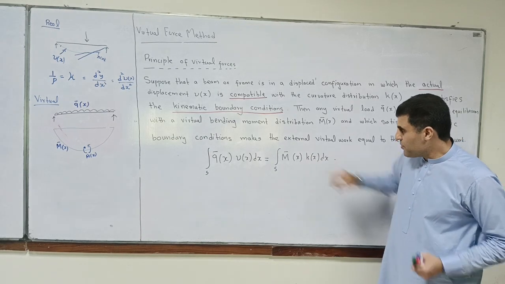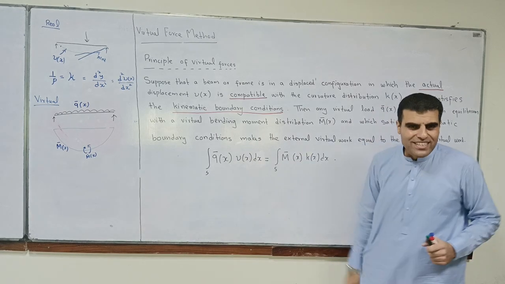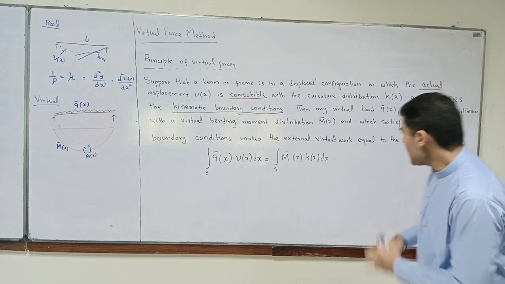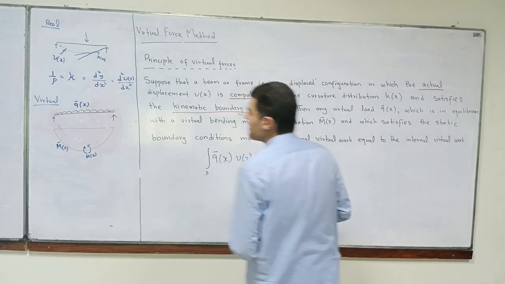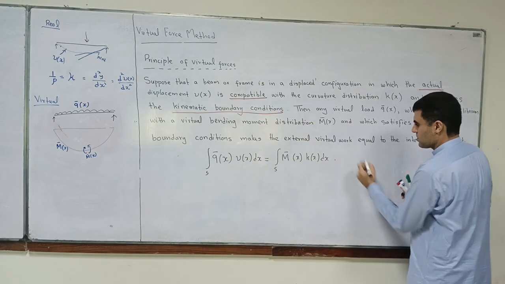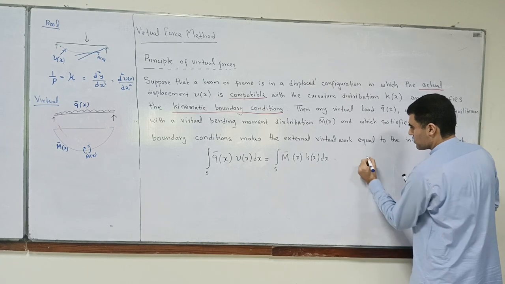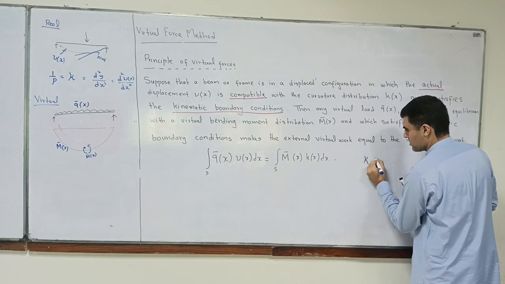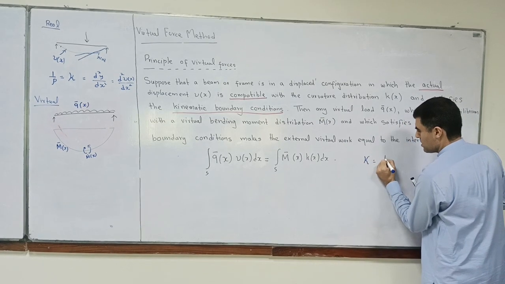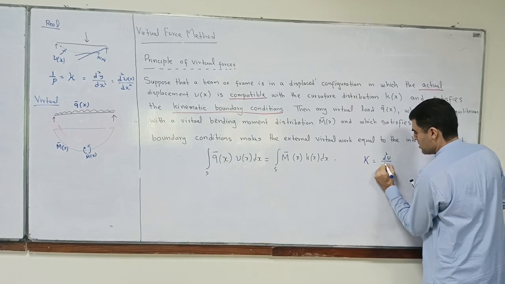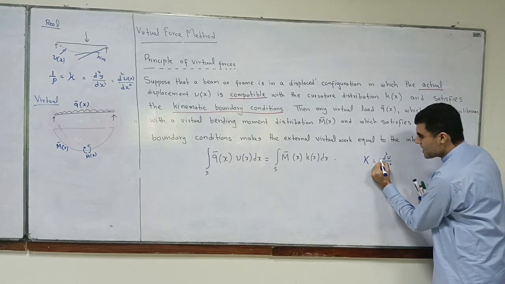Now, how do we get this equation? It is very straightforward. We know that curvature kappa is equal to, okay? Agreed? Yes, sir. I can put a negative over here.